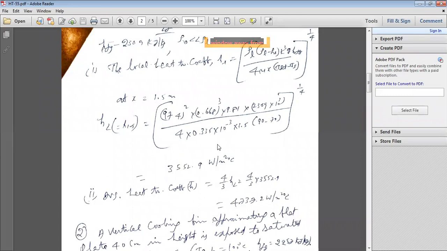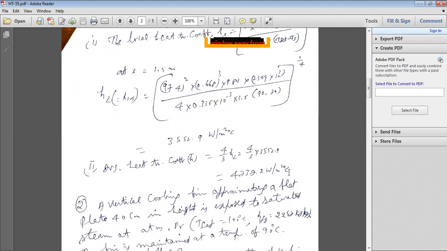Whenever steam vapor or any other vapor condenses into liquid on the outer surface of the vertical plate or vertical tube, by taking the formula derived yesterday for the vertical plate, you can calculate the local heat transfer coefficient as well as the average heat transfer coefficient in this condensation of vapors.